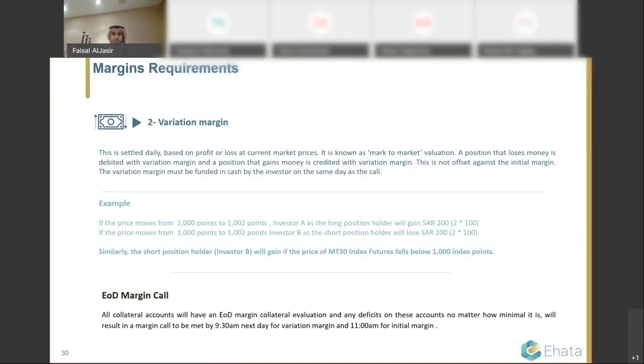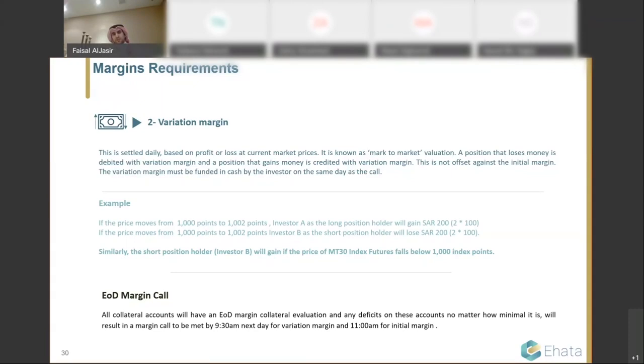These are the times that you would be expecting margin calls, either for initial margin or variation margin. So the concept of margin in exchange traded futures trading is very important.